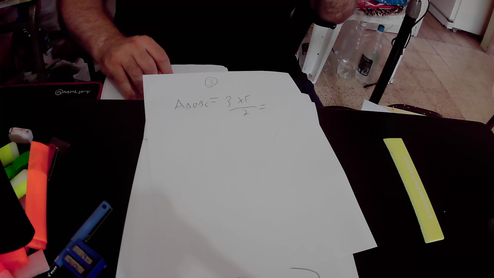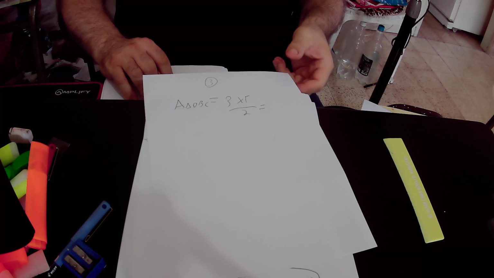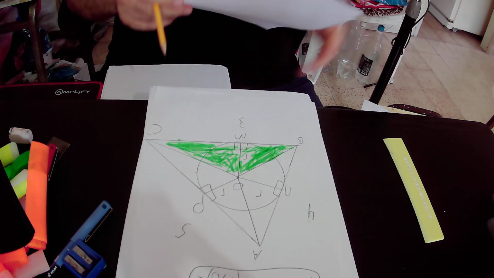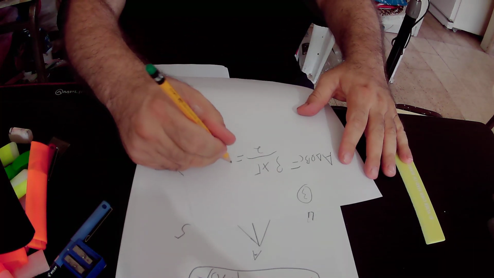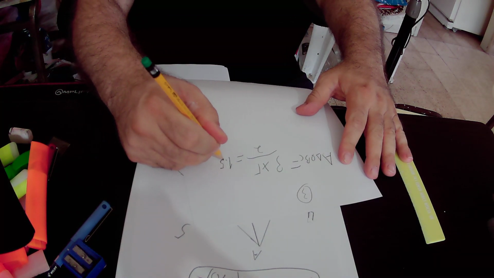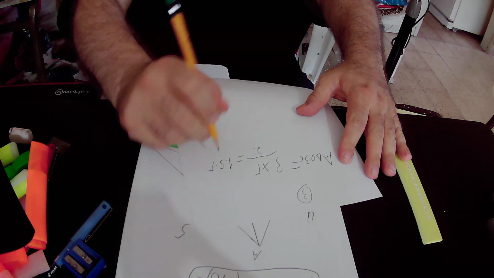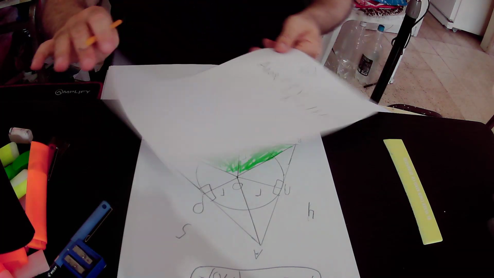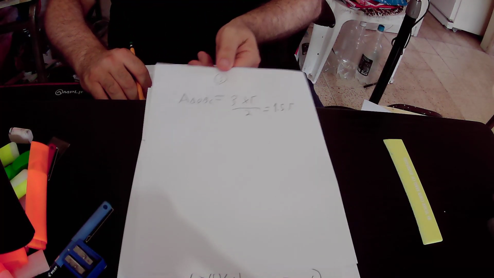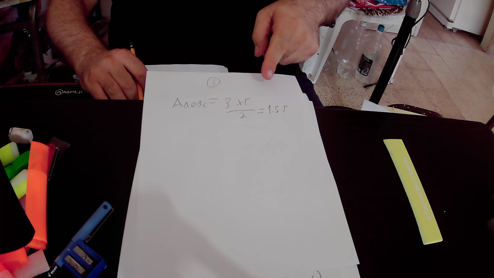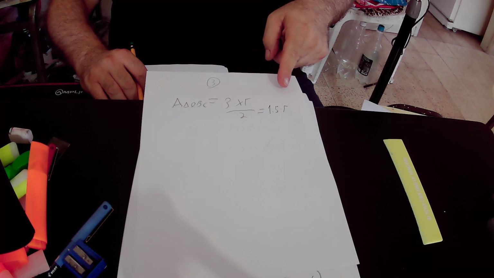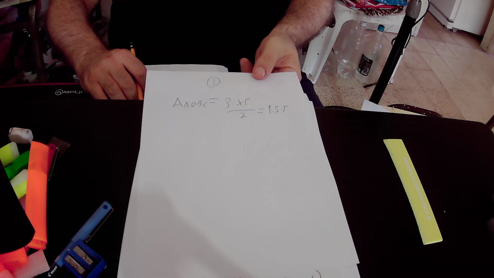3 over 2 equals 1.5, so I write it down. So actually, the area of the green triangle equals 1.5 times the radius of the circle. Okay?